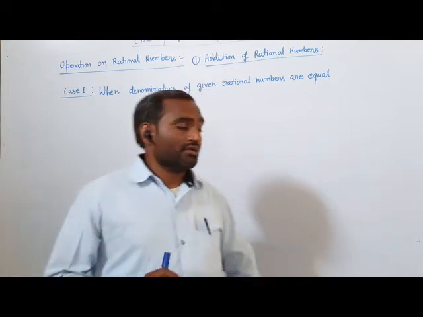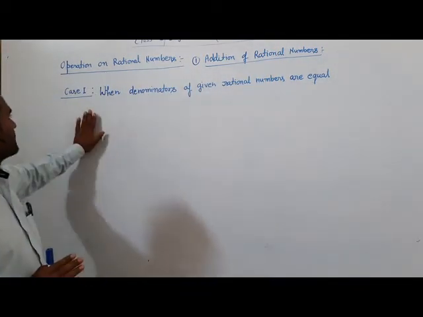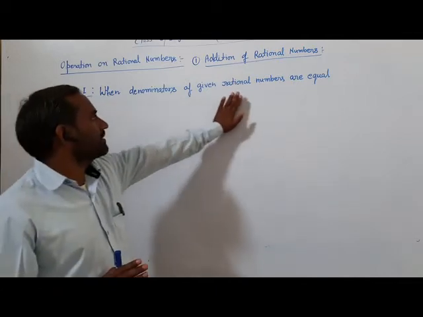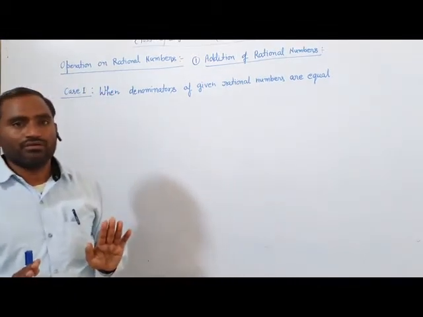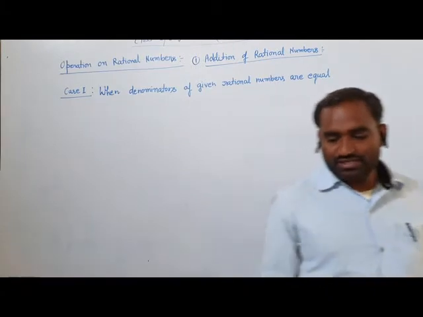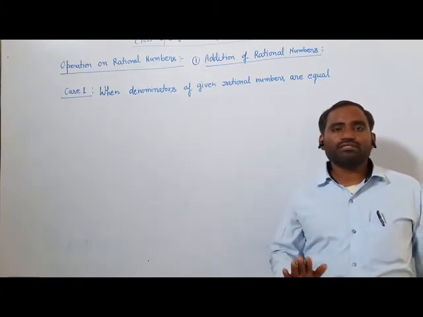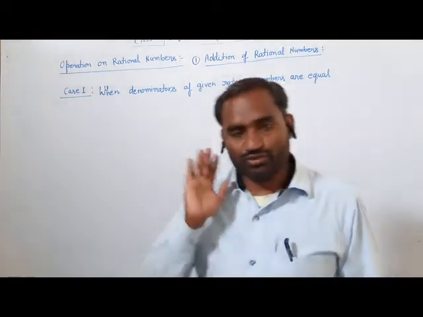In the first case, when two or three rational numbers are given, the denominators of the given rational numbers are equal.